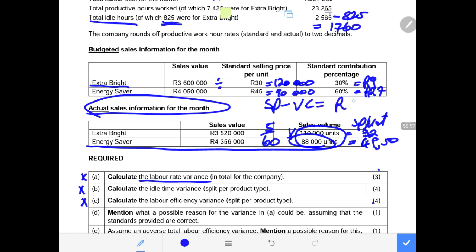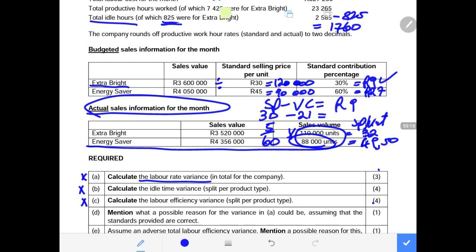That gave us the 9 Rand. I said our variable cost was 21, 30 minus 21, but they did not tell us that. In other cases, they can tell you that variable costs are this and this. Then you deduct them in order to get to the standard contribution amount.